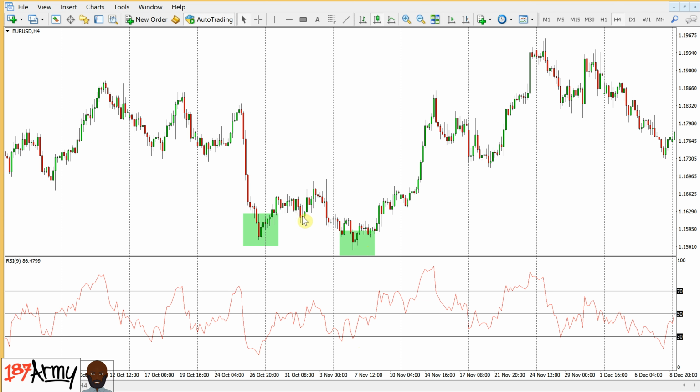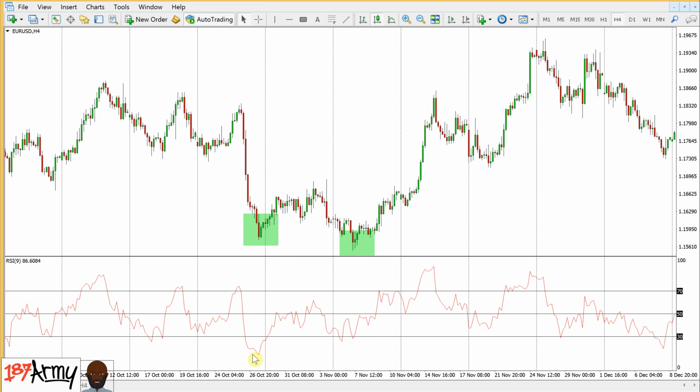So an easy way to do that is to notice where there's a low, and the next low is lower than the previous low. And then you look at the RSI and you can see that this low here is higher than the previous low.